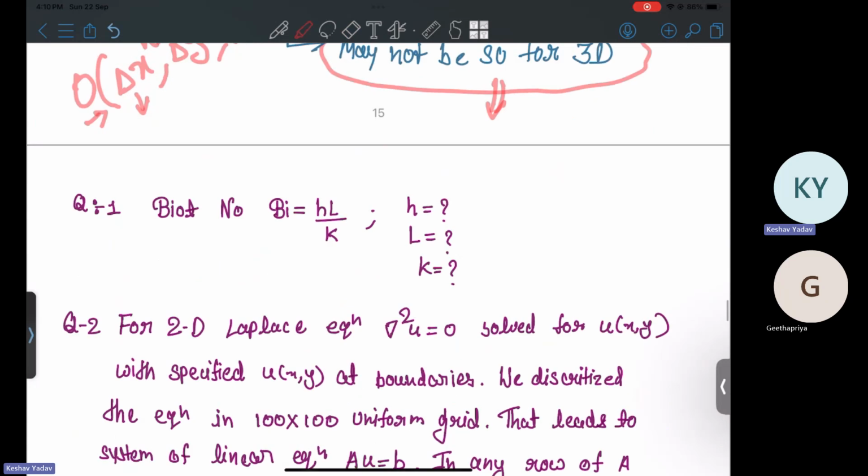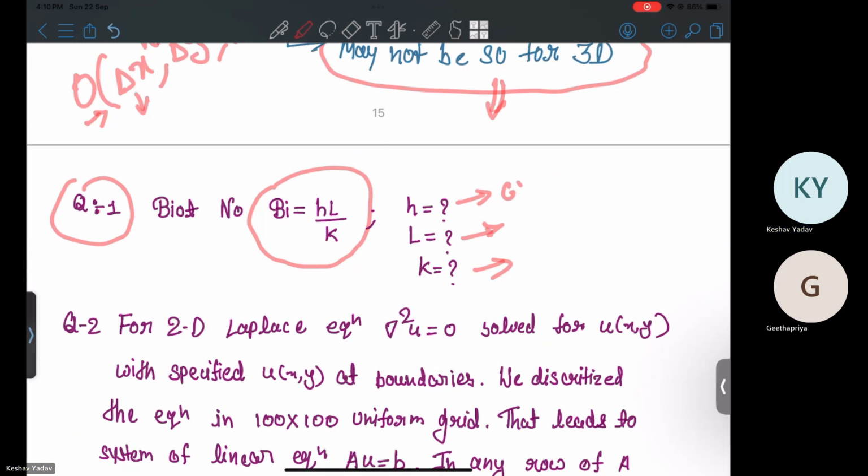What will be the answer to the question? This is question number 1. If the Biot number is defined as hL upon k, then what will h be, what will L be, and what will k be? We have just discussed this Biot number. Then h is the convective heat transfer coefficient.